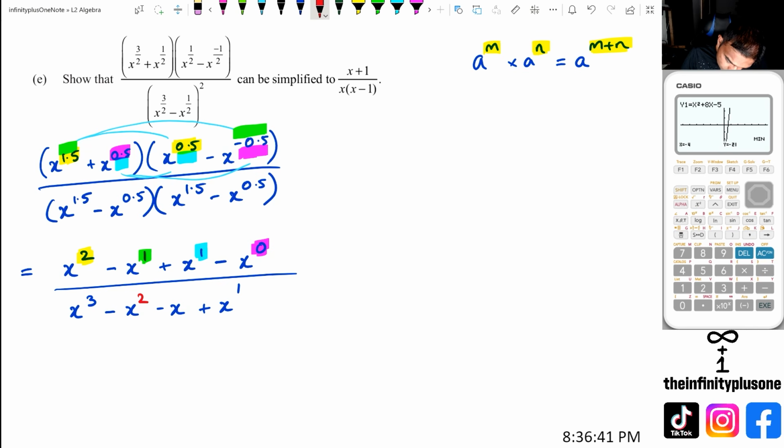Sorry, these two values should be 2 there. Don't worry, I'll explain it to you very shortly. So basically, I've got 1.5 times 1.5 equals 3. 1.5 times 0.5 is going to be 2. And then 0.5 times 1.5 is going to be 2. 0.5 and 0.5 is going to be 1.